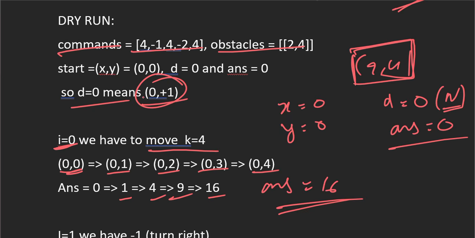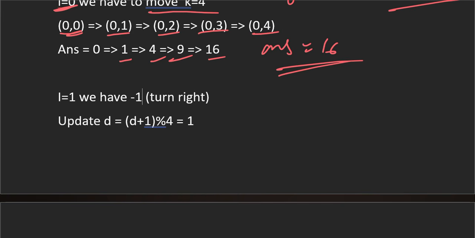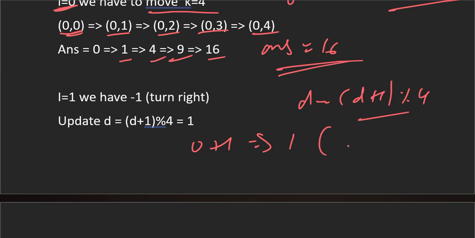Then we have to turn. For i equal to 1 we have minus 1. Minus 1 means we have to turn right, and for right we have already discussed, we will be updating d as d plus 1 modulo 4. Currently our d is 0, 0 plus 1 modulo 4 is 1, that is this direction, so plus 1 comma 0, right?